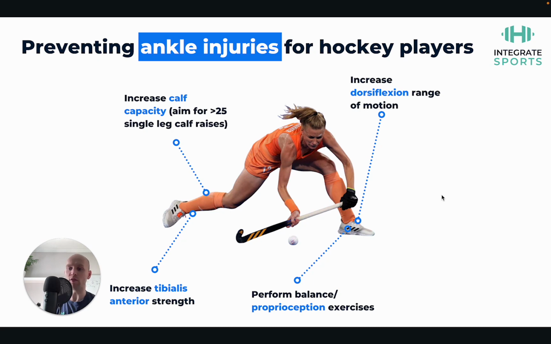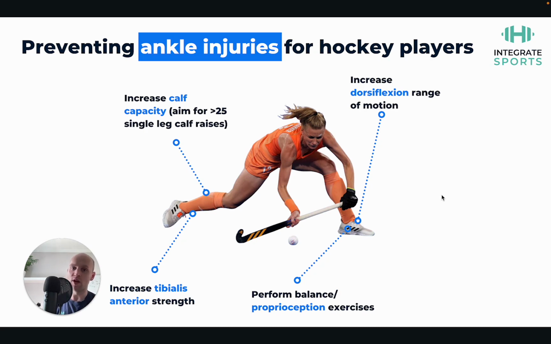If you have really good range of motion, you're going to be able to tolerate greater ranges, clearly, but also not put the ankle at as much risk if you get into a compromised position, which can happen when you're in low positions or you're having to suddenly change direction quickly. The reason for it is that the amount of stress a joint or muscle experiences is related to the cross-sectional area over which it's applied.